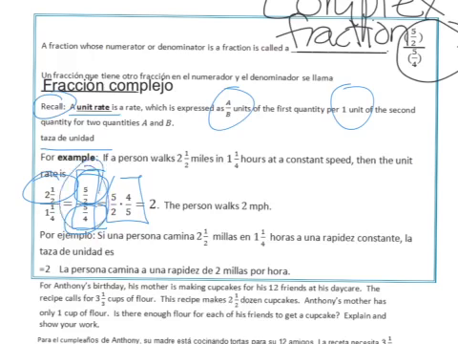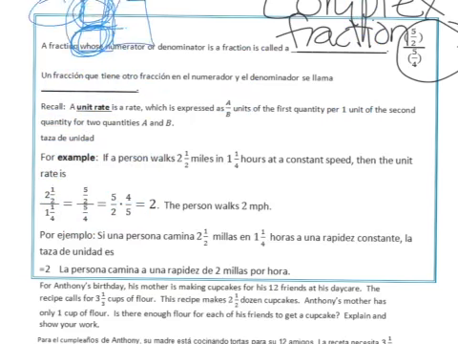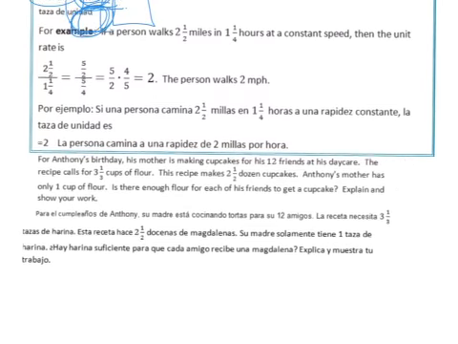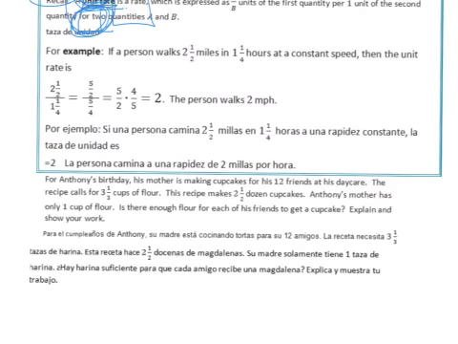And then we would do keep, fix, flip to that, so that we would have multiplying. And then when we cross-canceled, in this case, we would get 2. So the person would walk 2 miles for every 1 hour, 2 mph, miles per hour. And then it has it in Spanish.